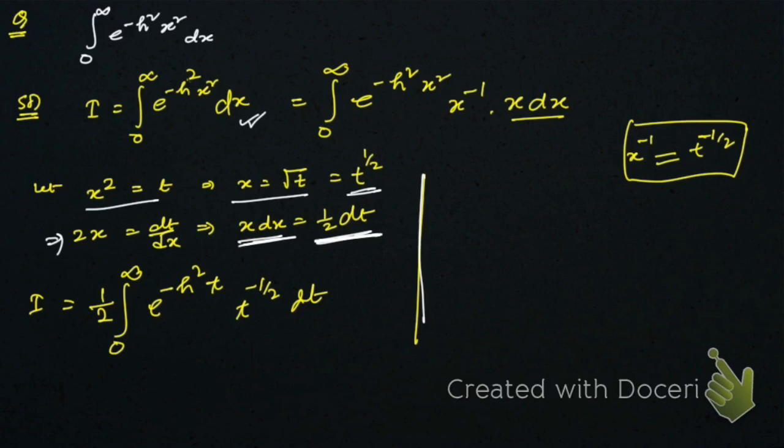So here you see we have already discussed this, that 0 to infinity e to the power minus k y and y to the power n minus 1 dy, that's going to be gamma n by k to the power n. So here we can consider a c square as k, right?